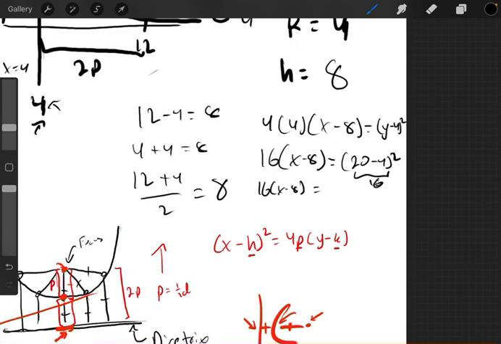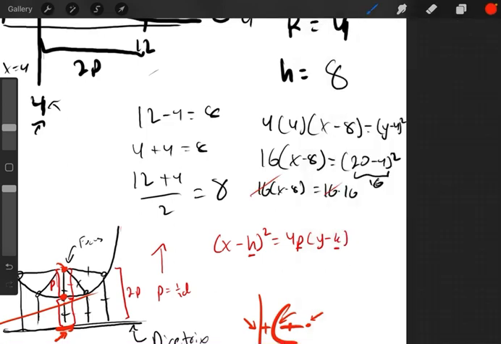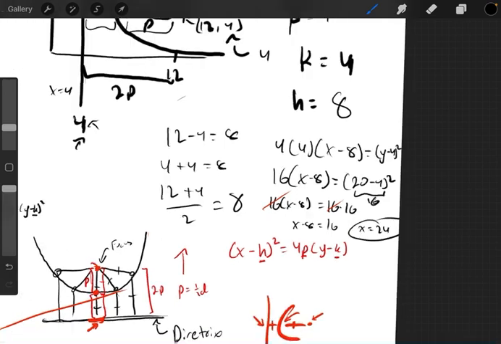You don't actually have to compute 16 squared, even if you have it memorized. You can just say it's 16 times 16. There's a 16 over here. Let me switch to red, actually. 16 over there. Those cancel. And that makes it so much nicer. You get x minus 8 equals 16. Solve for x. You get x equals 24. And that is your solution.